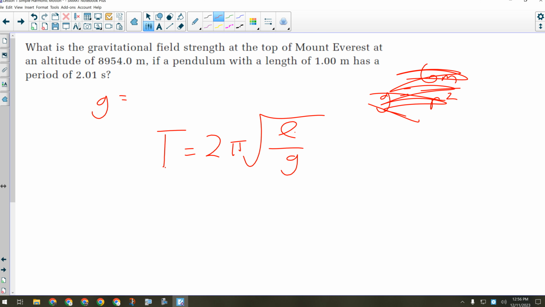So g is going to be 4 pi squared times L over T squared when I manipulate all that out. So 4 pi squared times 1 meter, divided by 2.01 seconds.